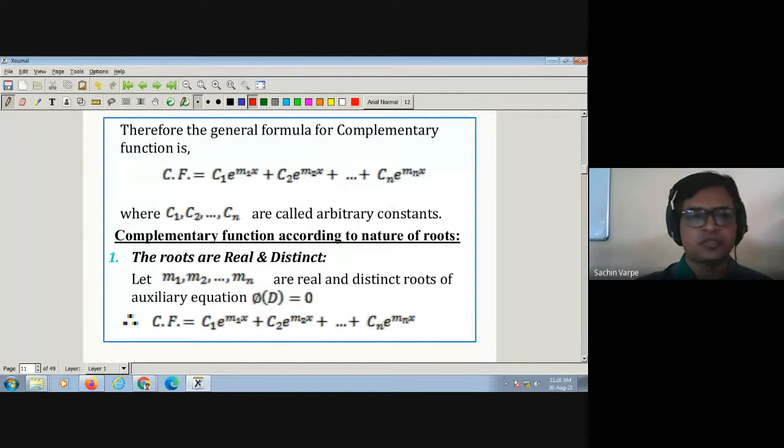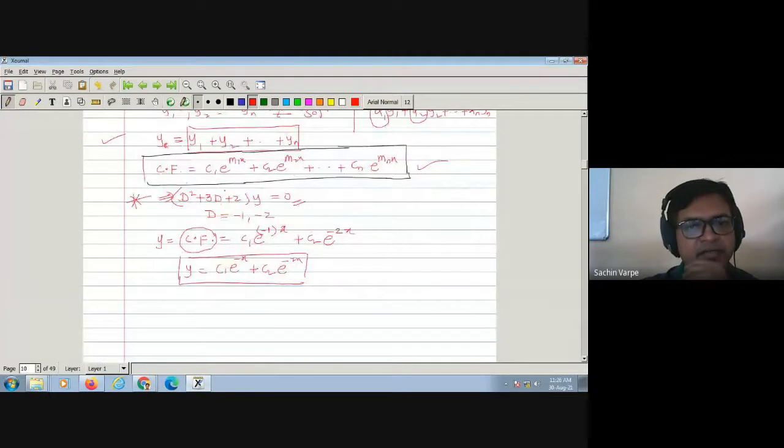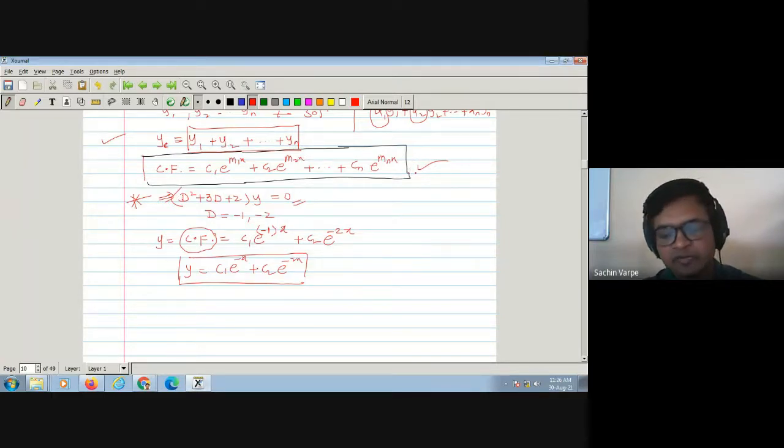Now, one more thing I have to explain: these c's, c1, c2, cn, or these m's, m1, m2, mn, the number of roots is equal to the order of the differential equation. Do you know? Suppose we have a second order differential equation, how many roots will it have? Two roots, right?